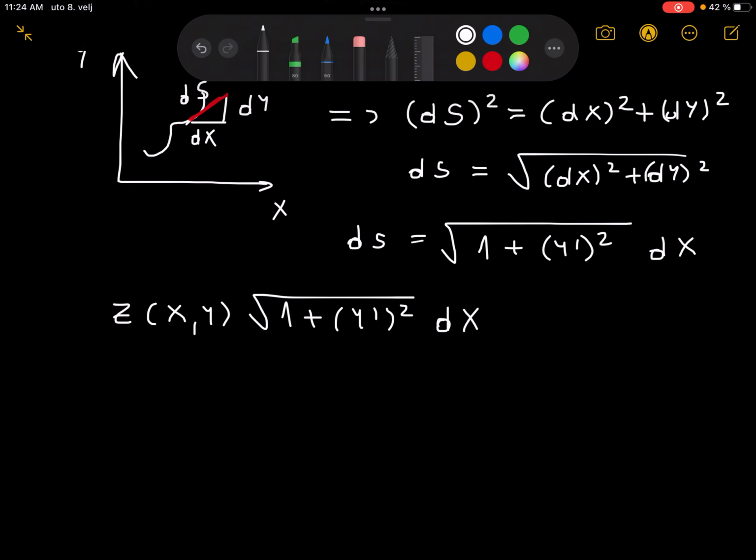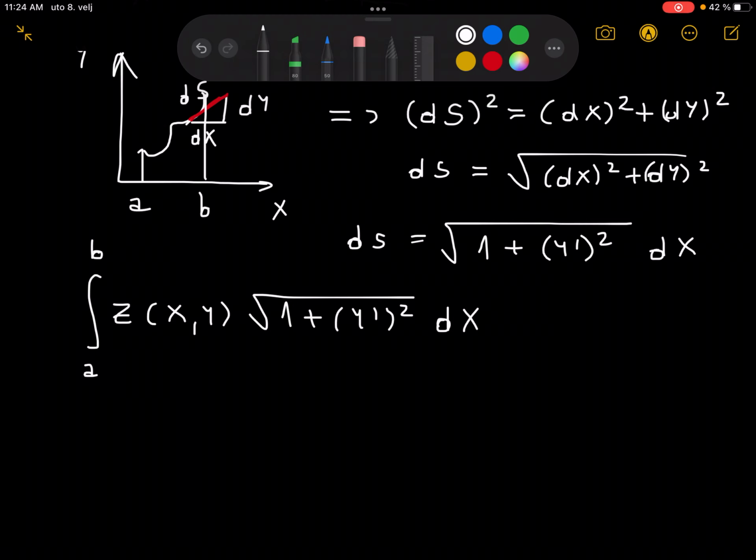And since we want to compute the entire area, we're going to have to integrate from a to b, and a and b are these limits right here. Okay, so this is a and this is b.